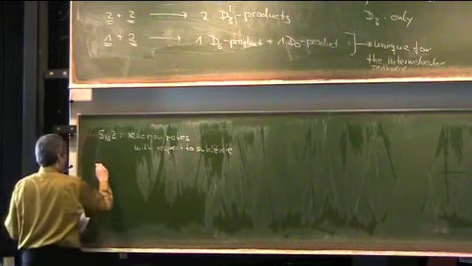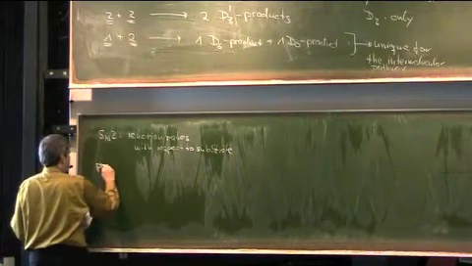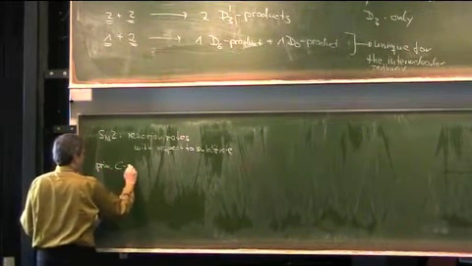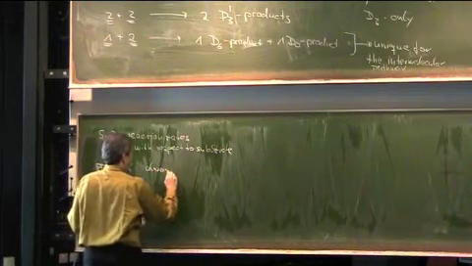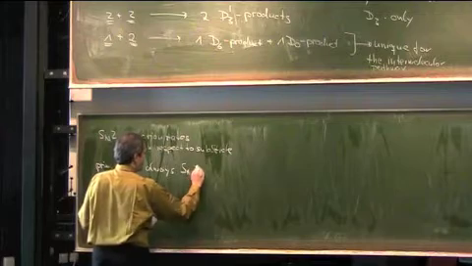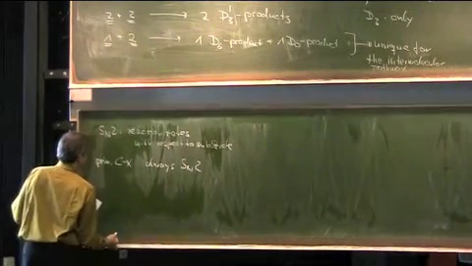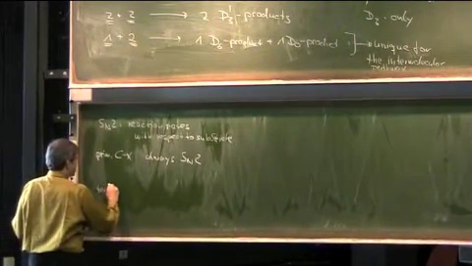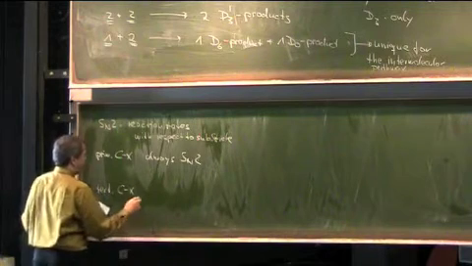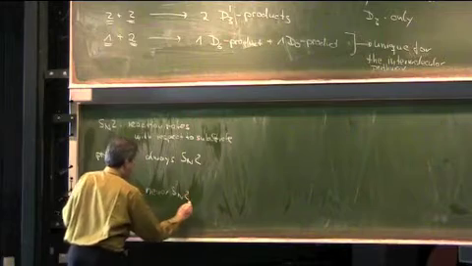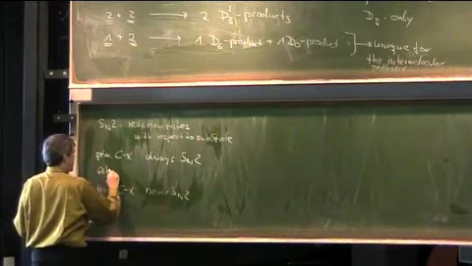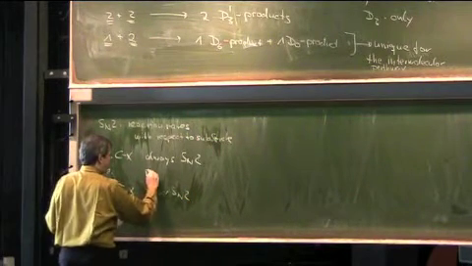And the simple rule was primary alkyl halides always SN2, tertiary alkyl halides never SN2, and secondary it's possible.